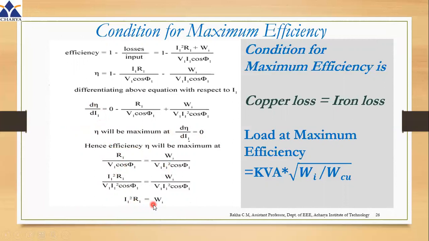So copper loss equal to iron loss. Hence, the condition for maximum efficiency is copper loss should be equal to iron loss. So at this maximum efficiency, what is the load? So load at maximum efficiency is nothing but kVA into square root of iron loss divided by copper loss.